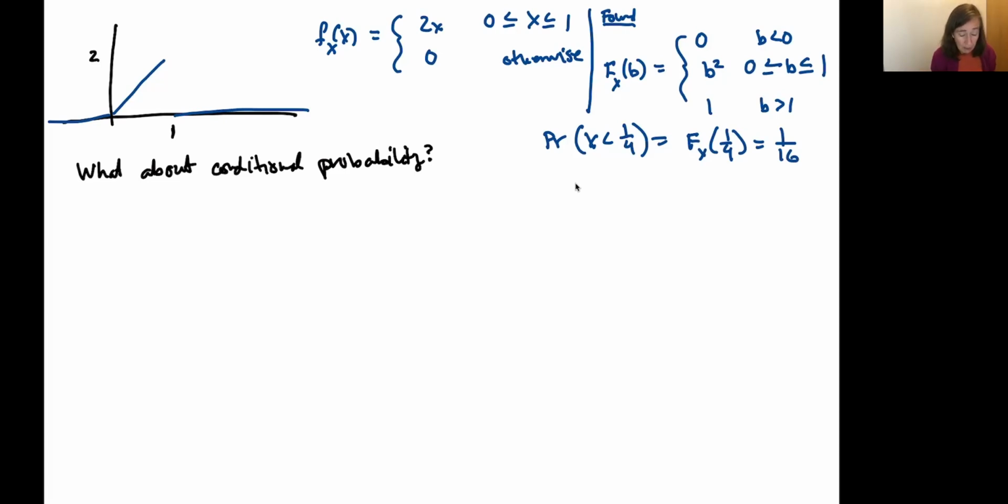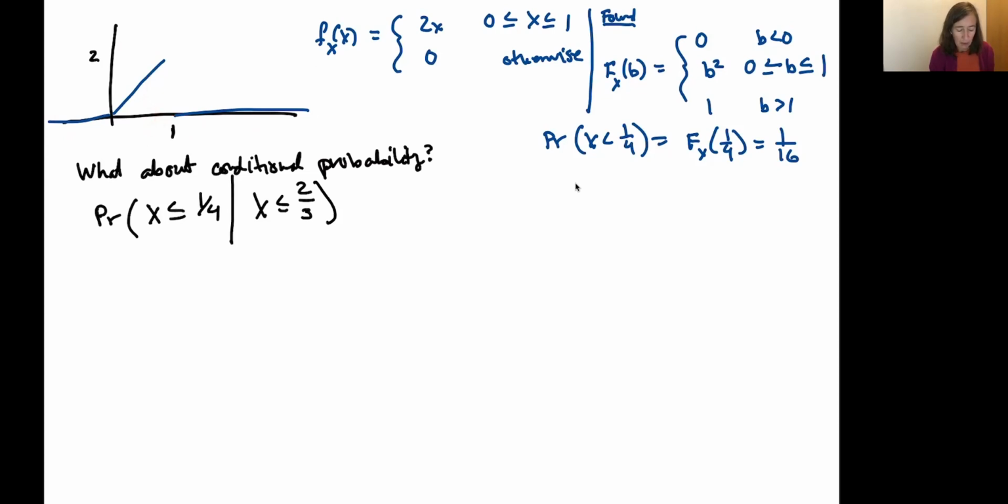Okay, so what if we are looking for this? What if we want the probability that x is less than 1/4 conditional on the probability that x is less than or equal to 2/3? Okay, so we start off, we've got this PDF, and somebody tells us, you know what, we know that x is not in this top range here.